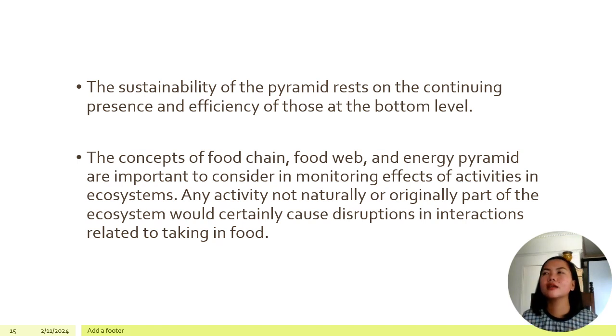So any disruption, maski gamay lang kaayo, will actually affect all of the small units or members of that ecosystem. So basically, that's it. Those are the functions of the ecosystem, as well as how energy flows in the ecosystem. And that ends our lesson for the ecological foundations of ecosystem.